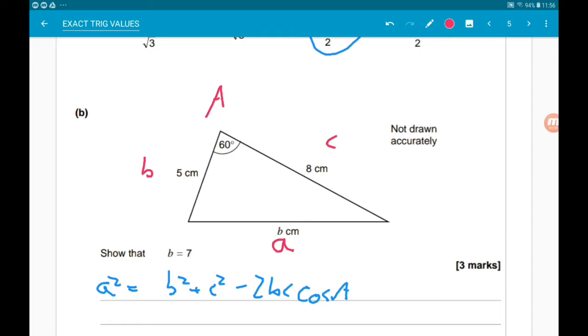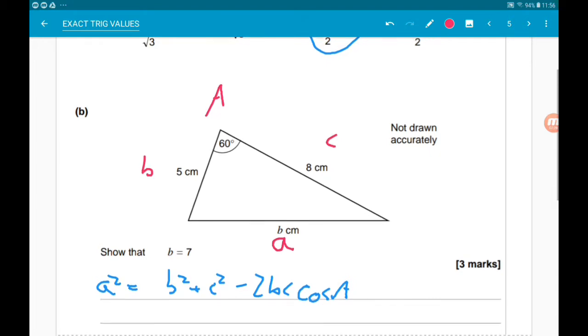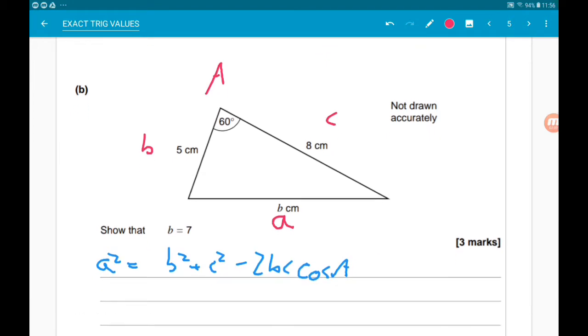Okay, so then we know that a squared is equal to 5 squared add 8 squared minus 2 times 5 times 8 cos of 60.